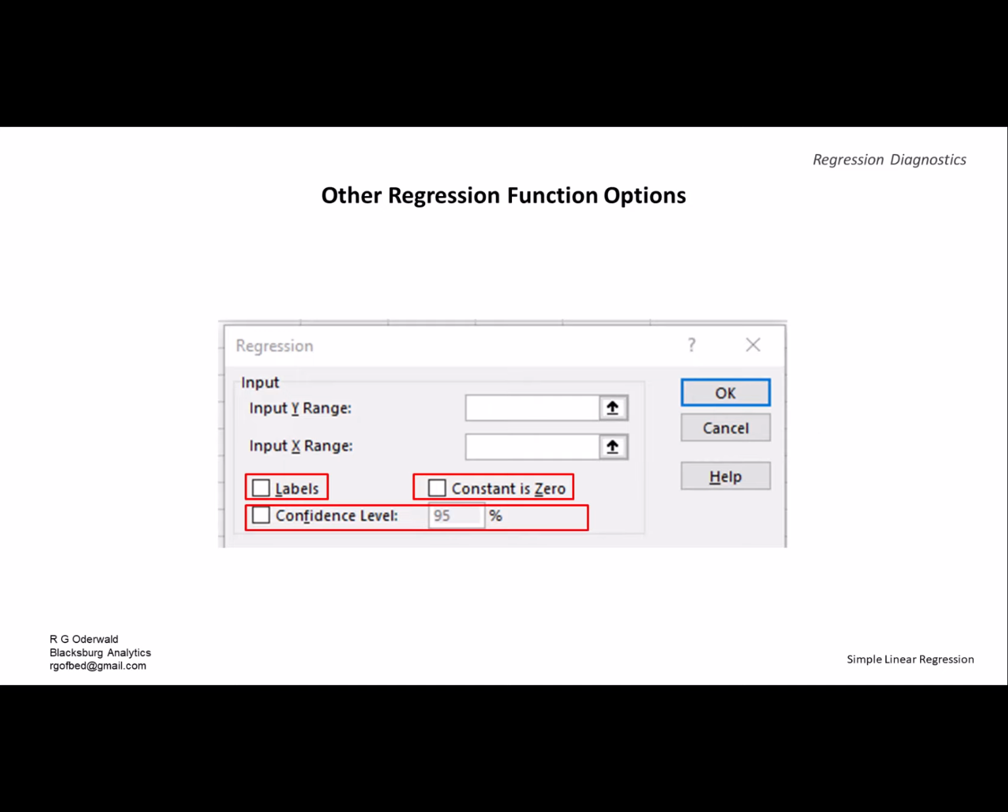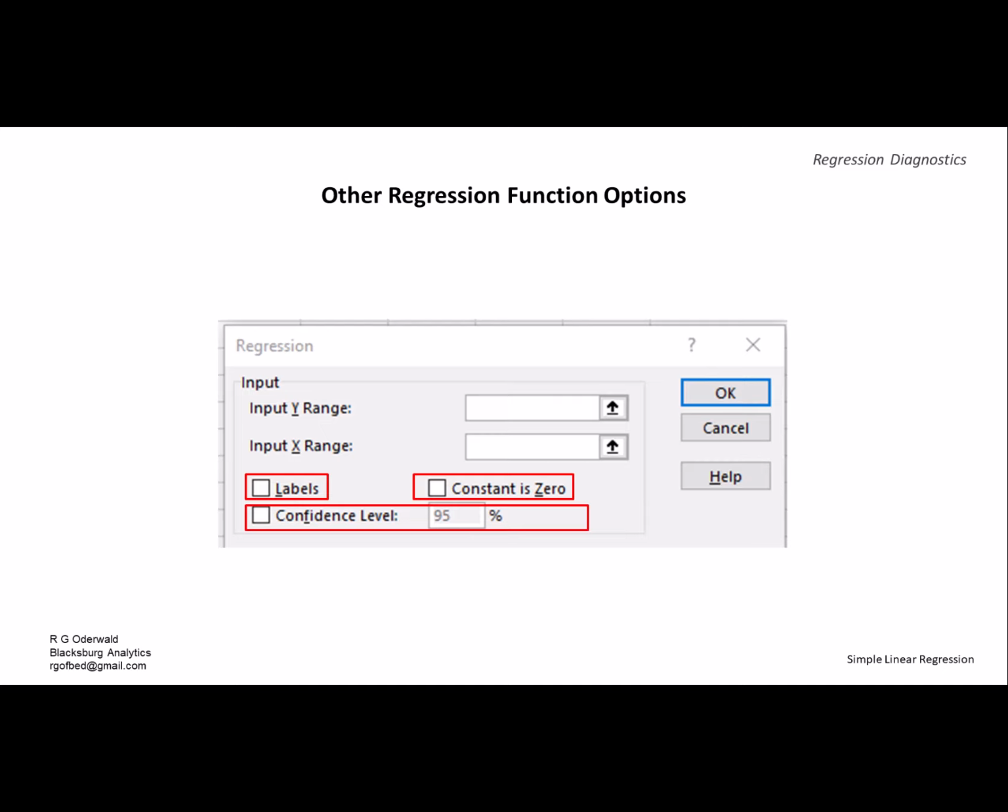Other diagnostics tools are optional in the regression function. Below the input range fields are labels, constant is 0, and confidence level. Checking labels makes the first entry in the input column range the name of the variable. If you see a number as a label in the output, you have checked the box by mistake.